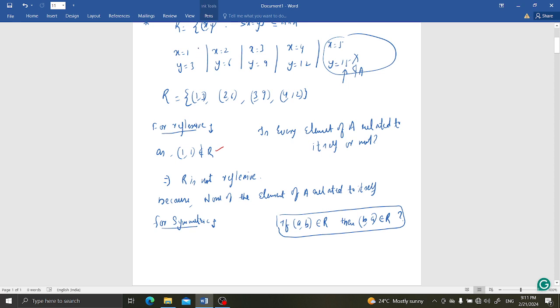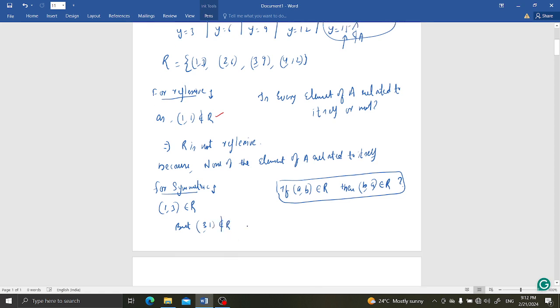But you observe again here, (1, 3) belongs to R, but (3, 1) does not belong to R, so this implies R is not symmetric on A.